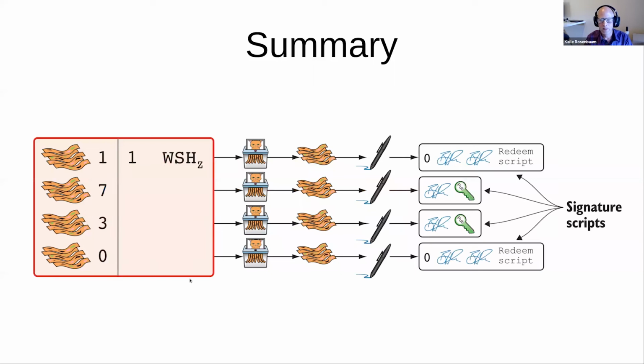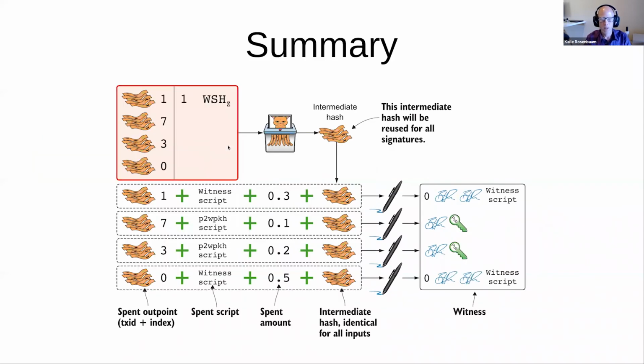And instead of using the full transaction as input to the signing algorithm for each signature, we use a constant sized input to this signing algorithm to get rid of the O(n squared) verification issue.